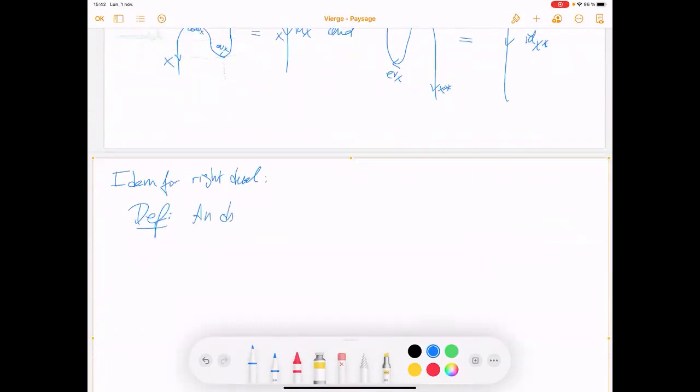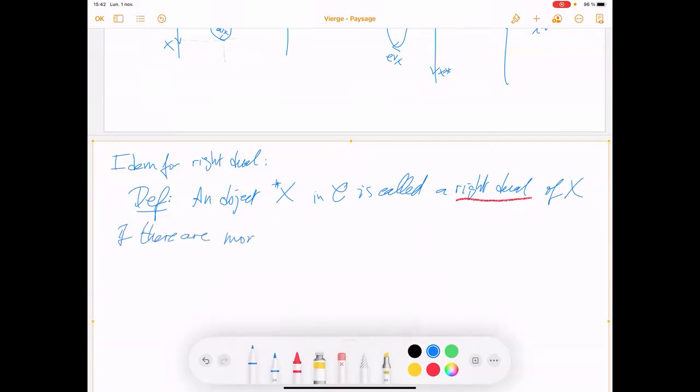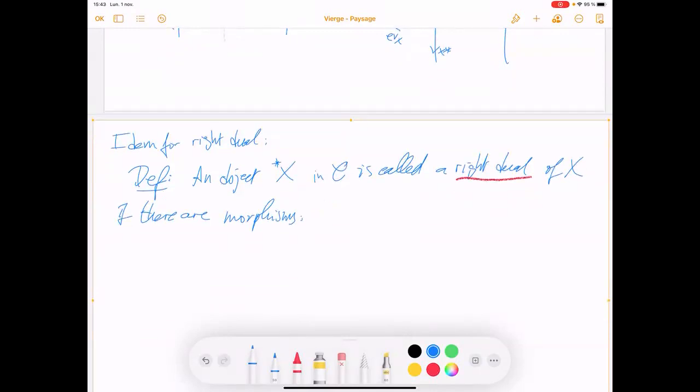An object X right dual, so you put the star on the left like that, in C is called a right dual of X, with again evaluation and co-evaluation morphisms, but with a small variation.